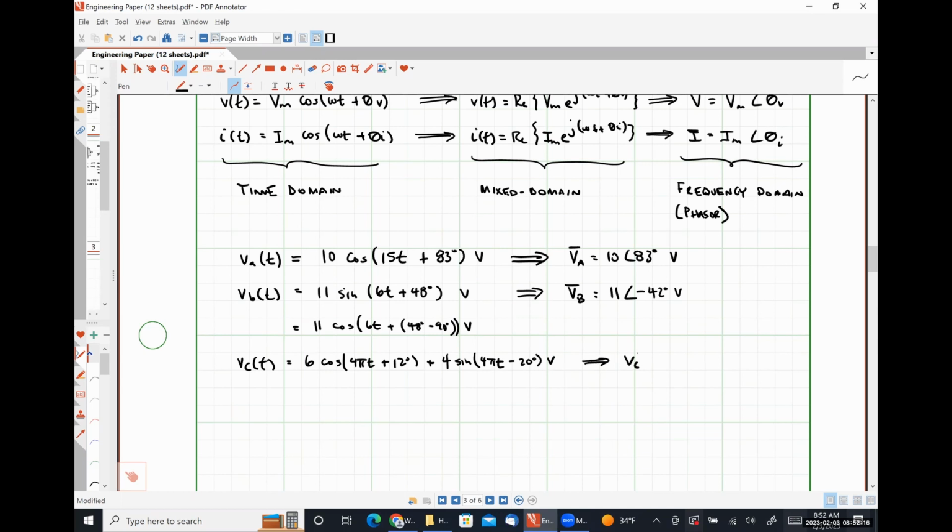Our phasor representation here. So the first thing that I would do is I would make this 6 cosine 4 pi t plus 12 plus 4 cosine 4 pi t minus 110.